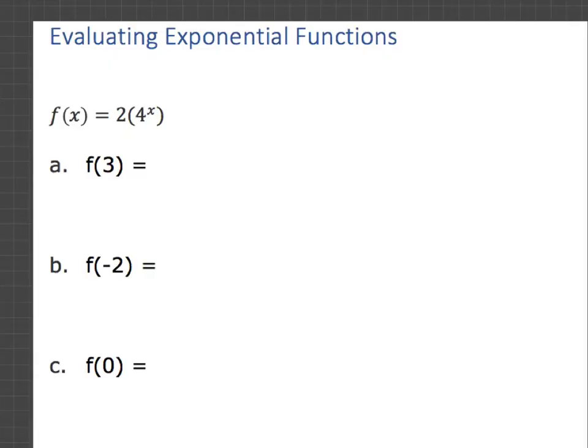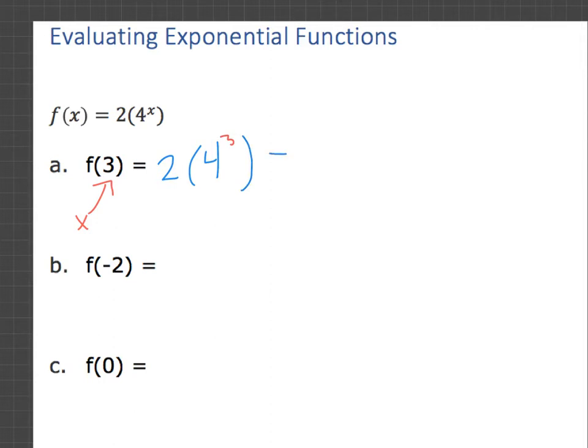Now we're going to evaluate some exponential functions. Just like any other function, whatever value we plug in, this is x. So whatever number we have in there, we're going to plug in for x. We're going to take f of 3, so that's going to be 2 times 4 to the 3. We replace that x with a 3.